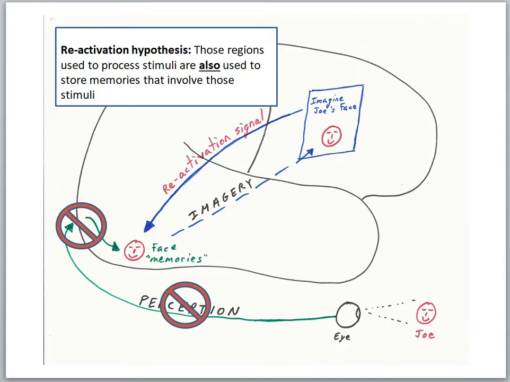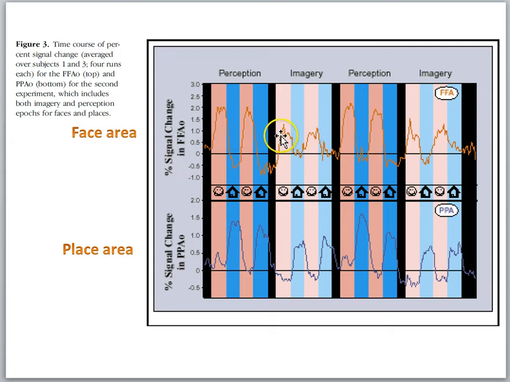This may explain why the signal for imagining a face is smaller than the signal for perceiving a face. The face area is just not getting as much neural activation because during imagery, we don't have our eyes open, we're not seeing a face. We're internally generating an imaginary face by activating a memory of a face.